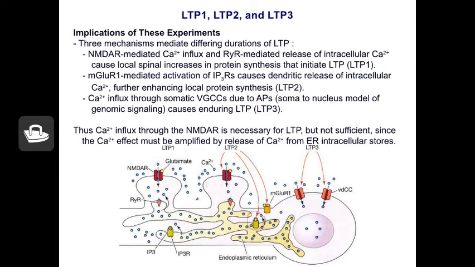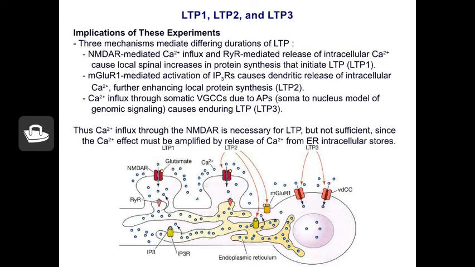And then we've learned from LTP3 that calcium influx through somatic voltage-gated calcium channels is due to action potentials, as we saw in the soma to nucleus model of genomic signaling, and this causes enduring LTP. And it seems that that occurs because of increases in genomic signaling.